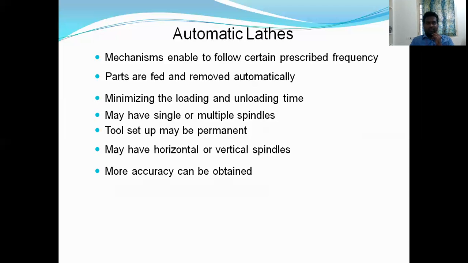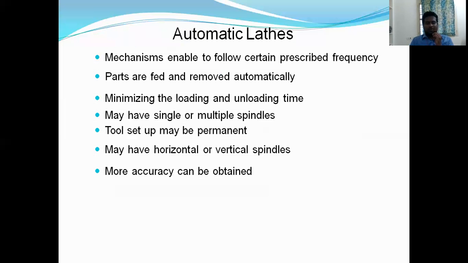So it may damage the accuracy of the product. That's why we do the operations automatically, and we get more accuracy, right? So accuracy can also be obtained by using automatic lathes.